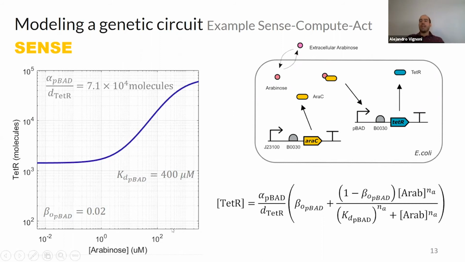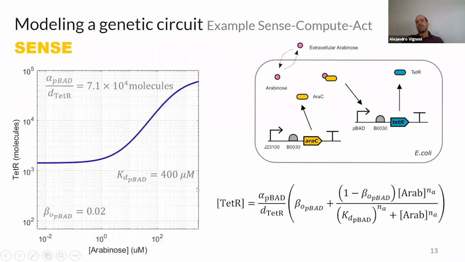So, for example, in this case, this guy, if you remember, is the percentage of the total expression that we will get when there is no inducer, the basal expression, which tells you this level up here.